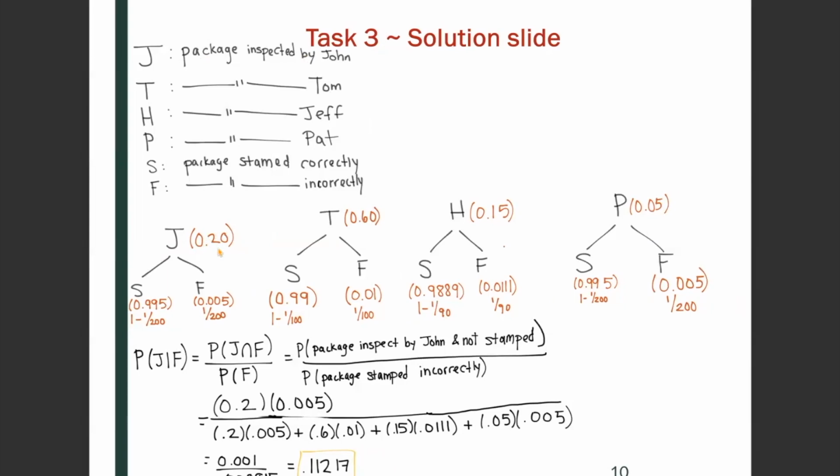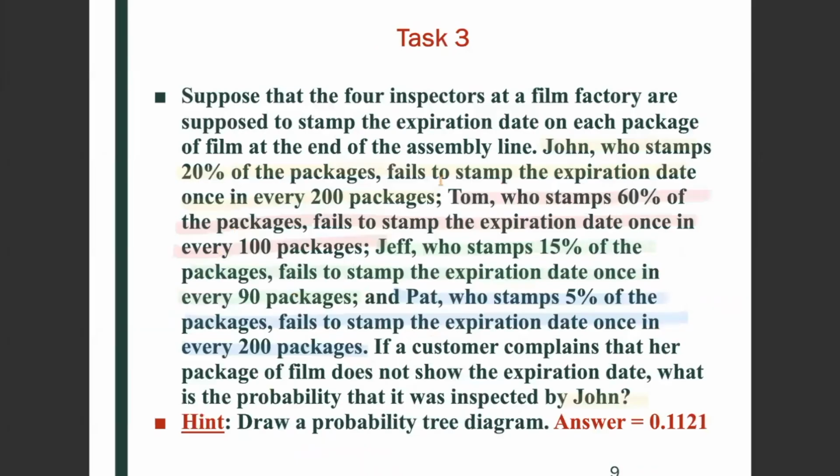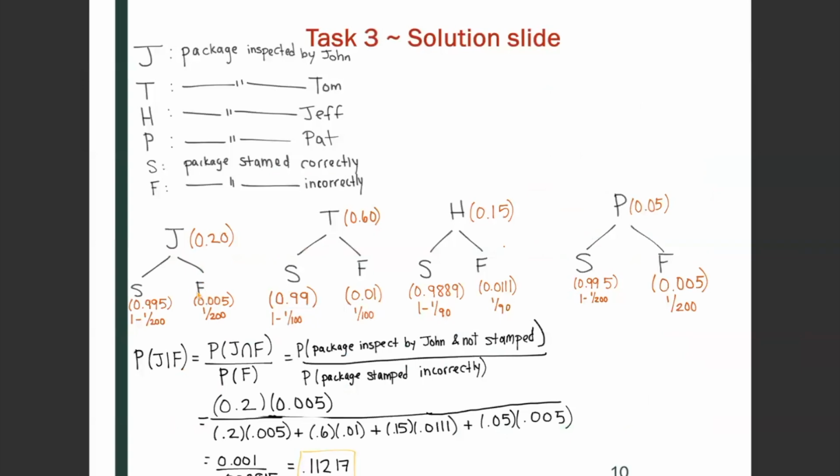And of those 20%, he fails to stamp the expiration date once in every 200 packages. So here for the fail event under John, that would be 1/200 that he fails to stamp correctly. So the remaining probability, if he were to stamp it correctly, would be 1 minus 1/200, which is 0.995.